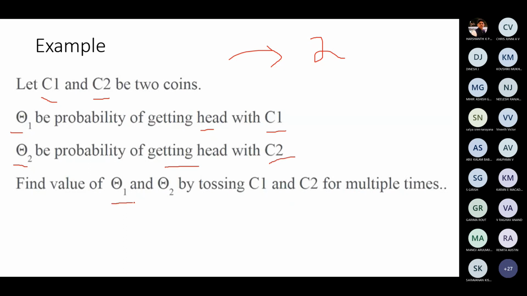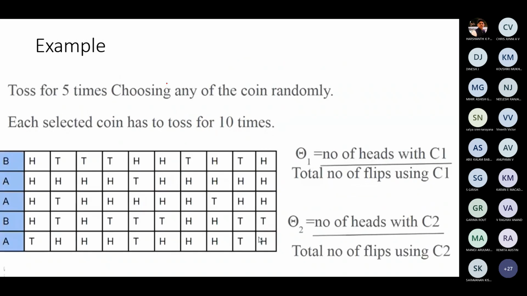Find the values of theta 1 and theta 2 by tossing the coin multiple times. Here we will keep it at 10 times. We are going to toss the coin 10 times, choosing any coin randomly, and toss the selected coin 10 times.